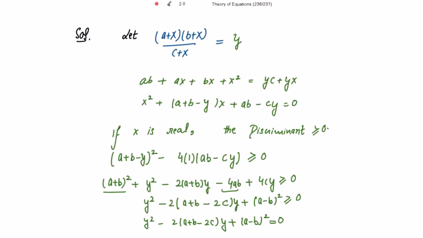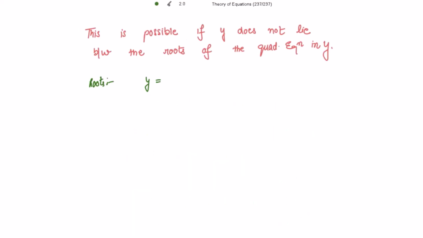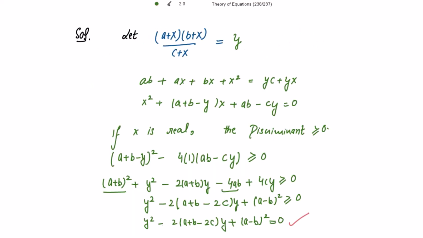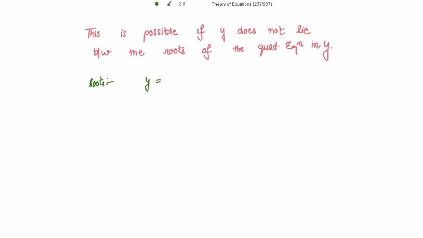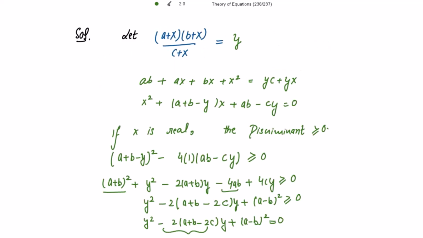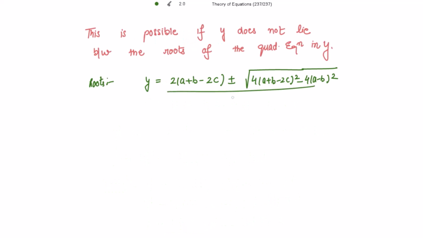So this is possible if y does not lie between the roots of the quadratic equation in y, right? So let's get the roots of this equation. So y is equal to negative of the coefficient of y, that is twice of (a plus b minus 2c), plus minus square root of the square of this minus 4 times (a minus b) whole square, divided by 2.